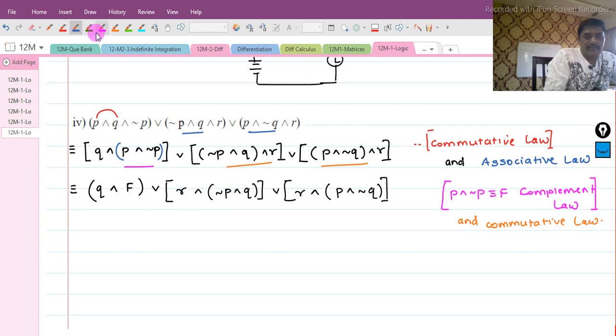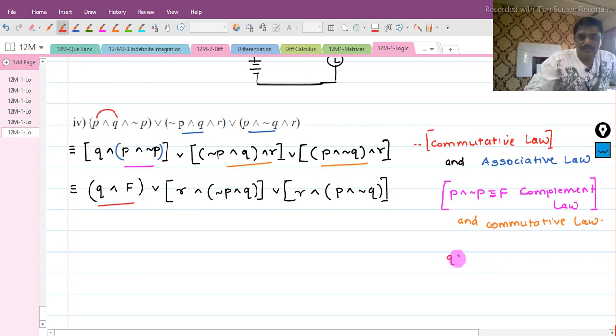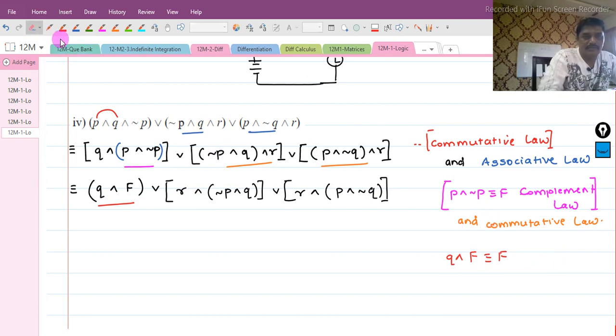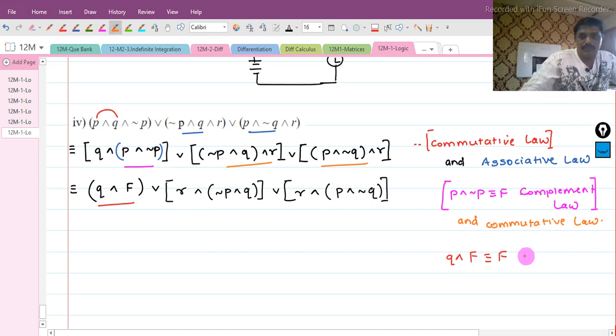Now the next thing that I'll use here is this Q and false. Anything and false is false. Sorry, identity law, not complement law, identity law. Anything and false is false.